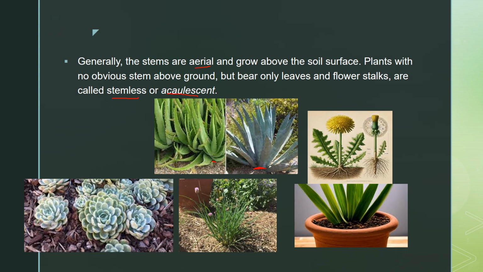Also in this type, you can see the plant has no stem. By the way, this one is not a stem. This is the stalk of the flower. So this type of plant is also called acaulescent or stemless.